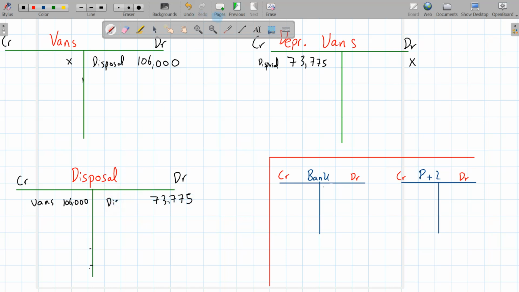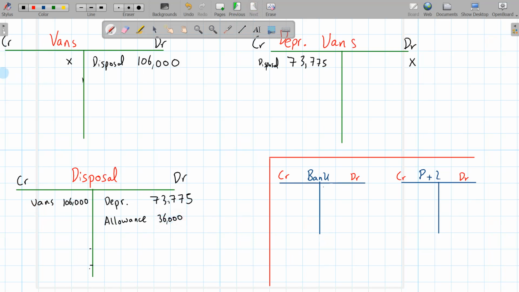Oh, sorry, not disposal. It is depreciation. Perfect. Now, our allowance we said was 36,000.